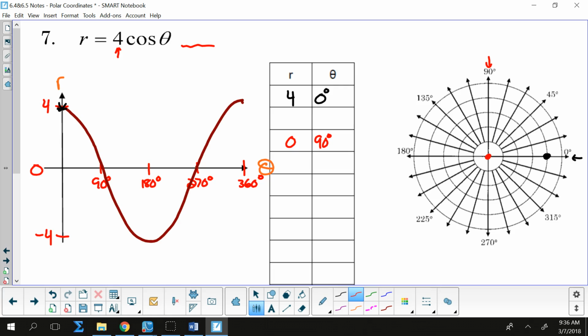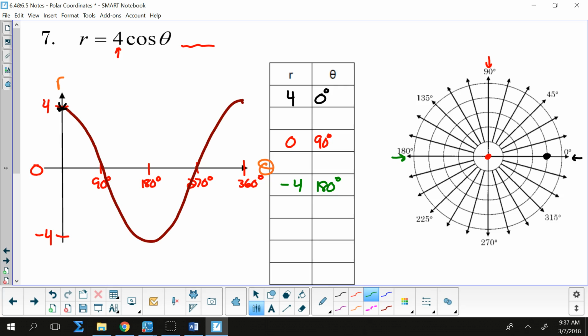At 180 degrees, it's -4. So here's 180 degrees. Where would the radius of -4 be? Along that 180 degree ray.